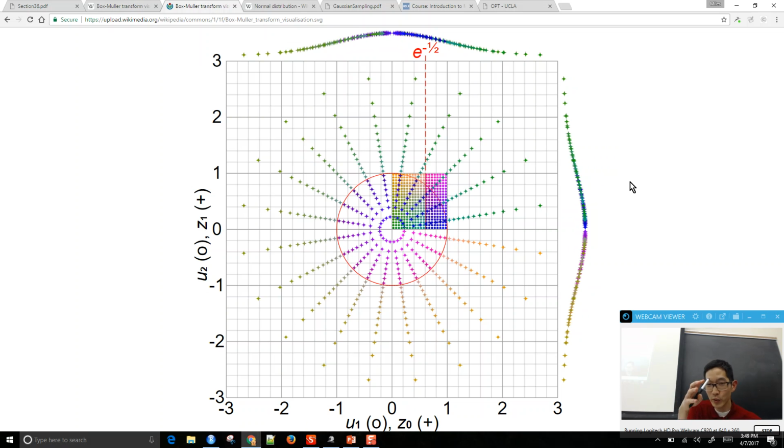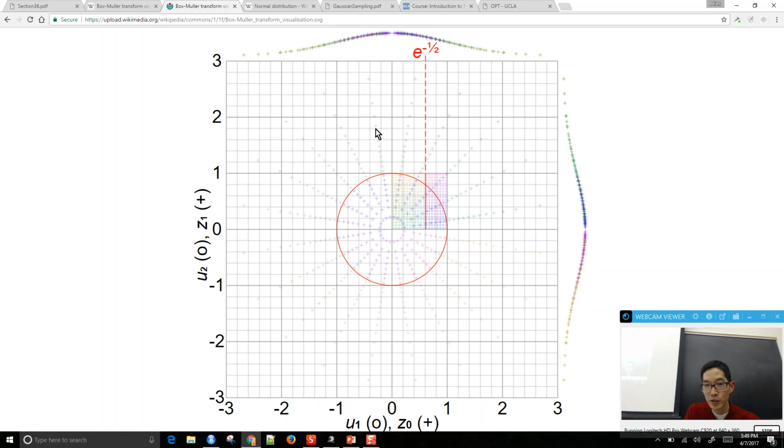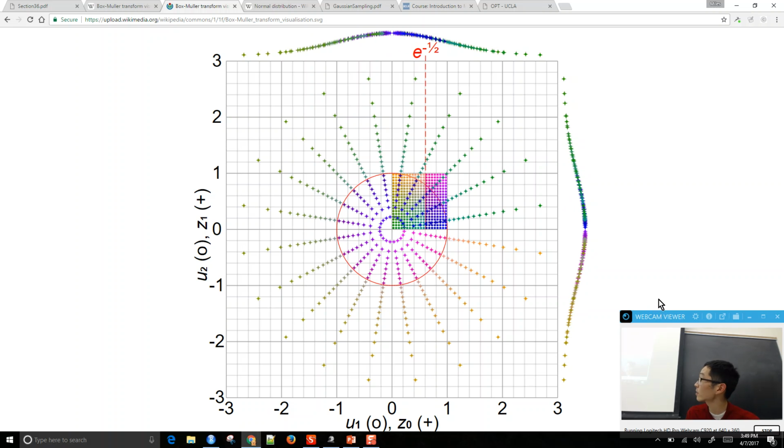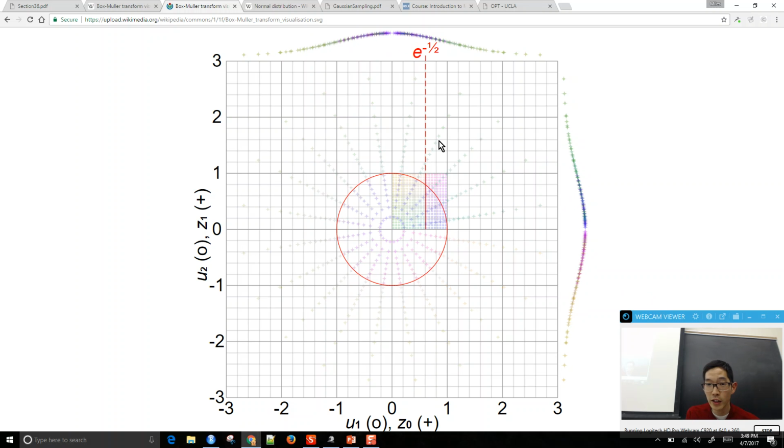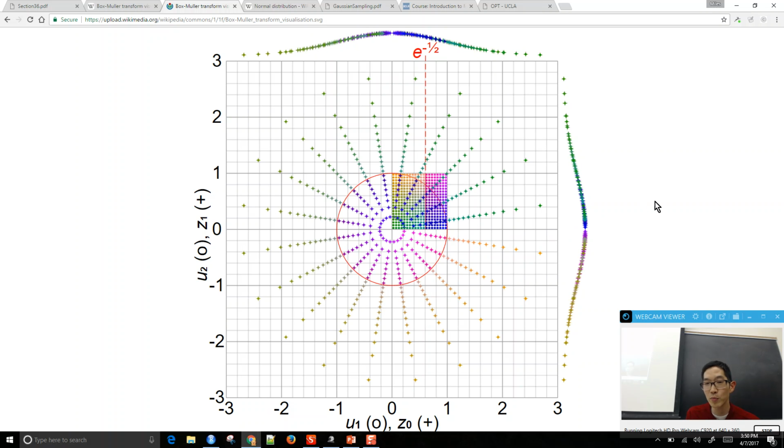So what we've done is we've gone from 2 independent normal distributions, which when we graph these out, form all of these concentric circles. And the angle that the line makes ends up being uniformly distributed between 0 and 2 pi, okay?